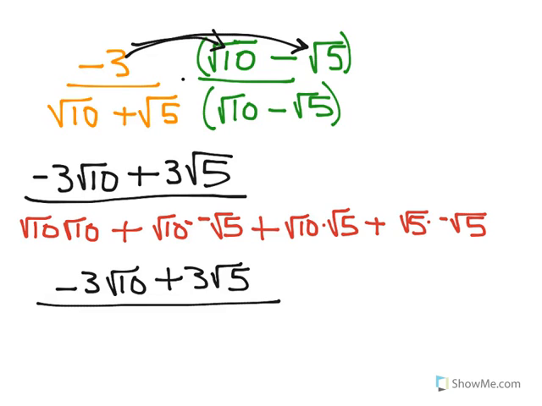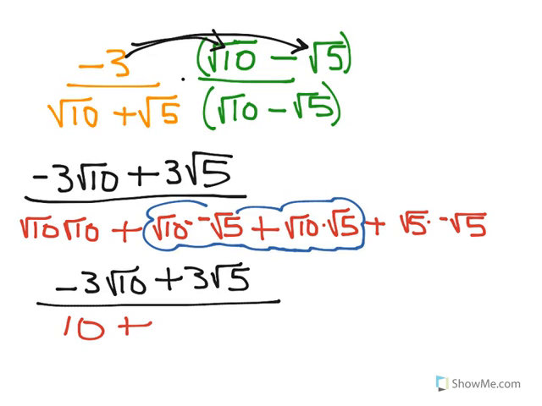Radical 10 times radical 10 is radical 100, and the square root of 100 is 10. Now, our middle terms here, we have a negative radical 50 and a positive radical 50. So those get eliminated. And we did that because we used these opposite terms when we multiplied by the conjugate.